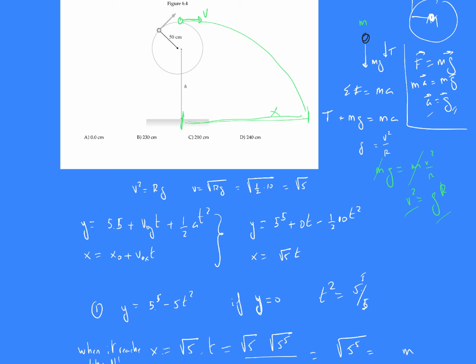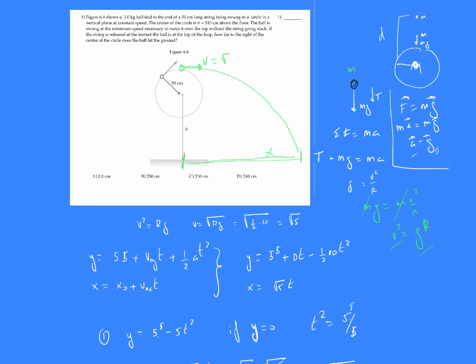Okay. Now it's a problem of an object that is being launched with velocity v equal to the square root of 5 meters per second. How far will it go?